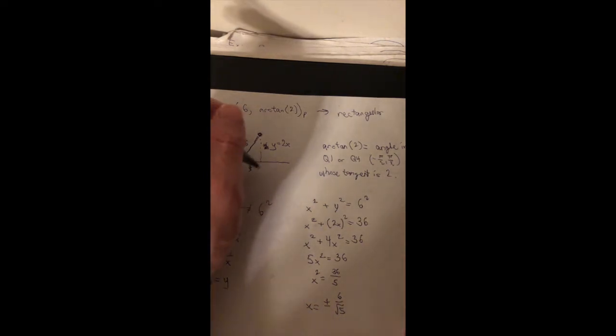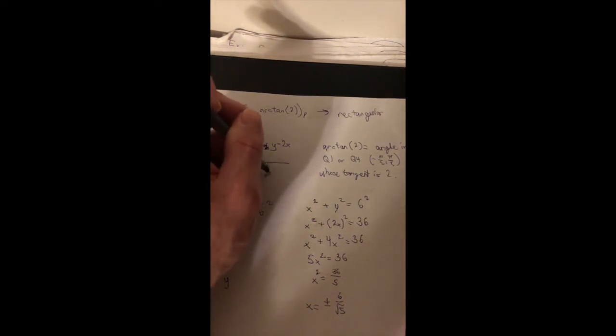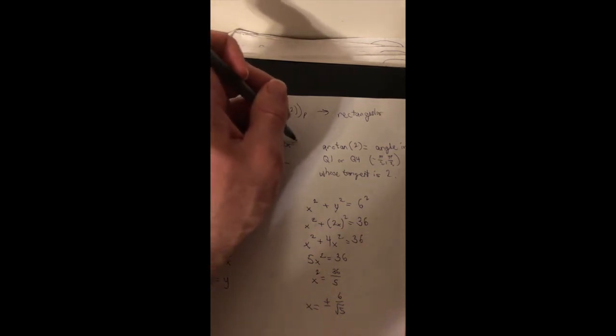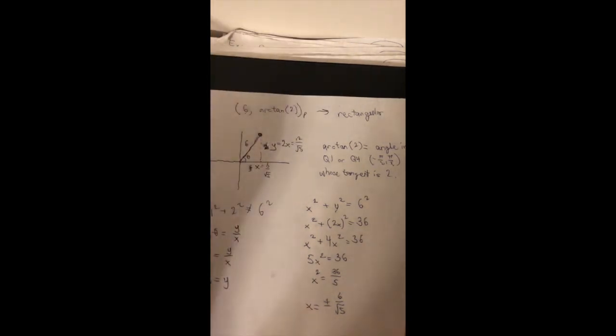So my point in rectangular coordinates is going to be 6 over root 5, comma, 12 over root 5. And that's in rectangular. Again, this R is not standard notation, but I think it probably helps us sort things out as we're looking through our notes.